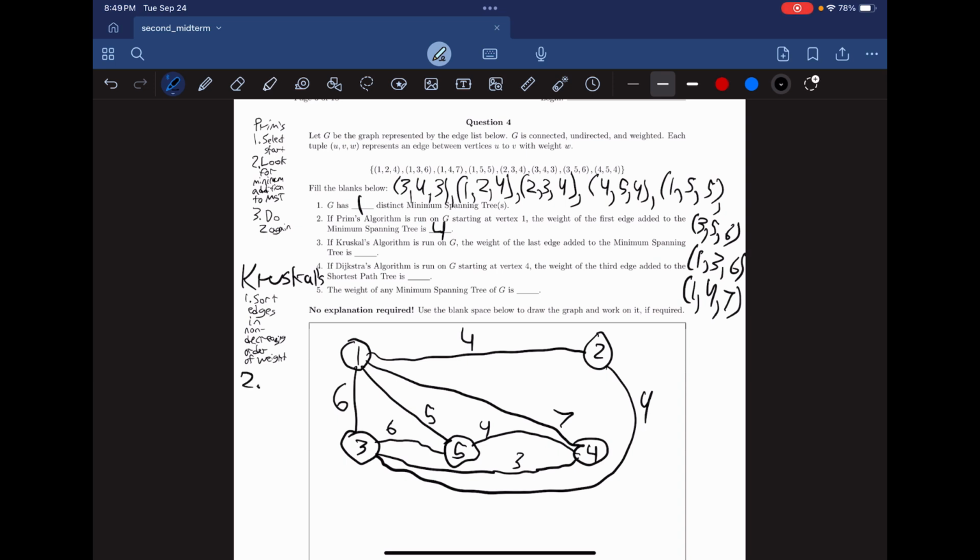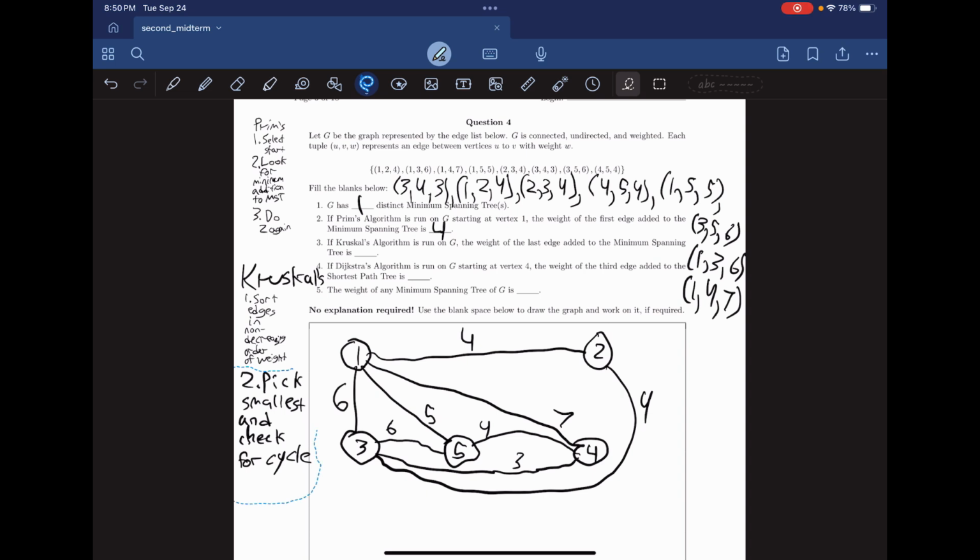Second step is to pick the smallest and check for cycle. Okay, so this one's going to require a little bit of explaining.